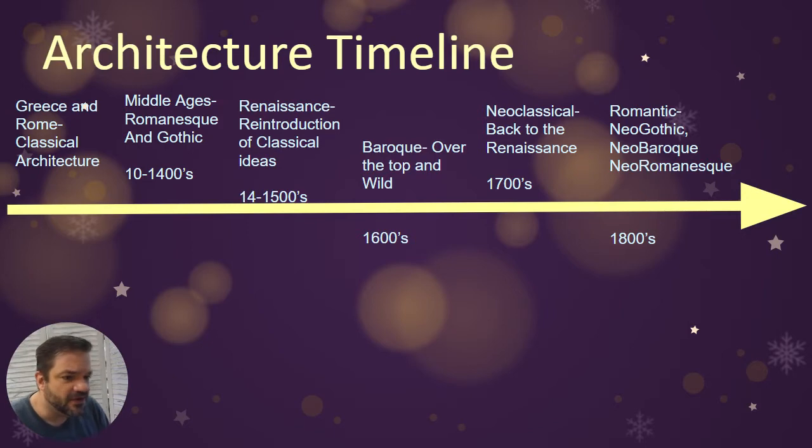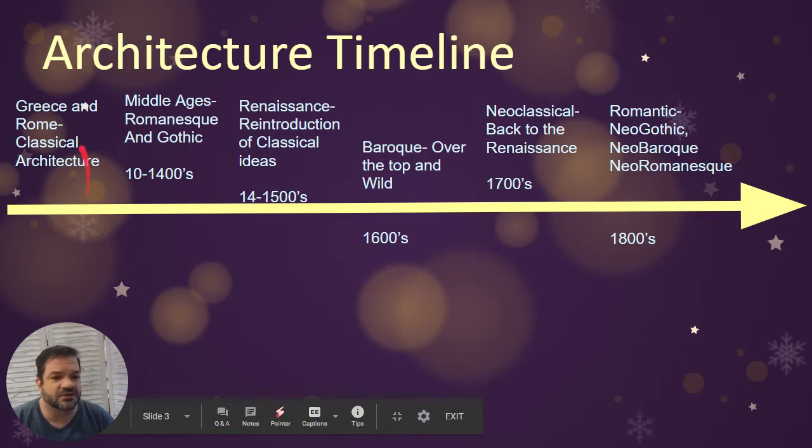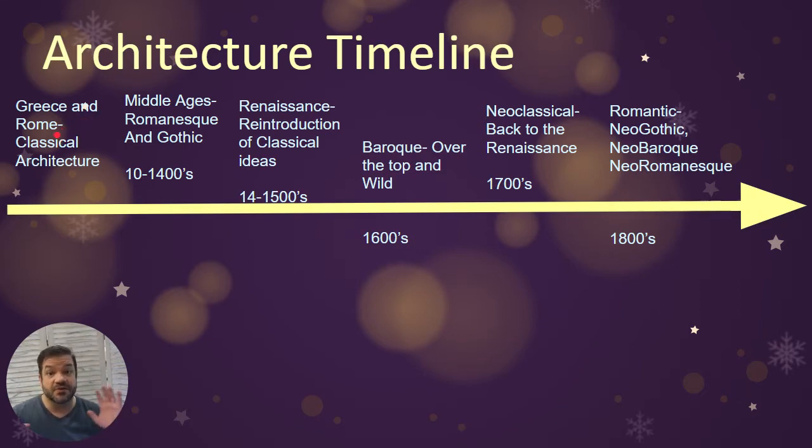So the timeline for architecture looks something like this. We've got the classical, let me grab my pointer. We've got the classical world of the Greeks and the Romans, okay? And everyone's going to be looking back to that. Now, remember, we've got the emotional and intellectual dichotomy here, and that's going to be coming into play. So we have the Greeks and the Romans, okay? They're going to be intellectual until they get really big and really crazy, then they're emotional.